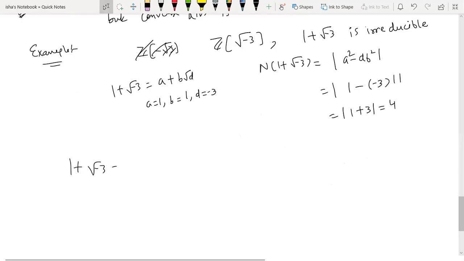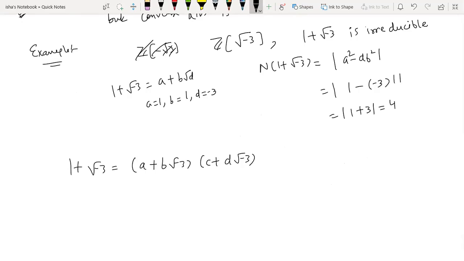Let me just use the definition of irreducibility. So let it be this and this. So if you are able to write this element as this, then taking norm on both sides, as a function, it is norm of a plus b root minus 3 into norm of c plus d root minus 3.